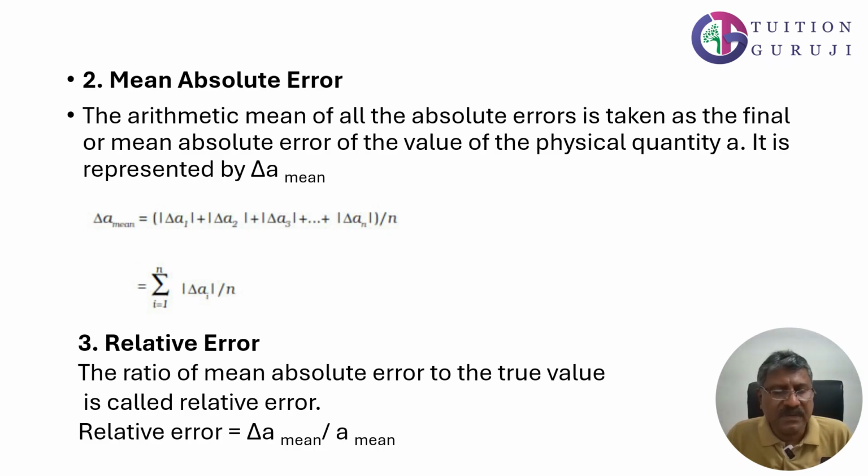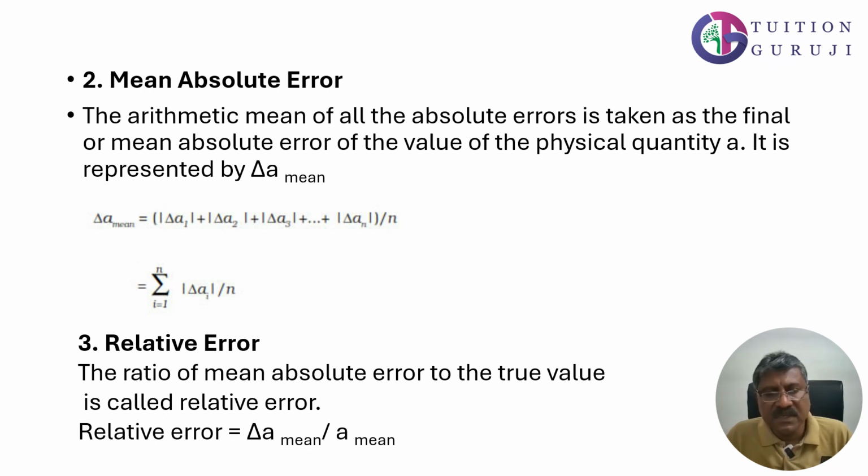Like that, if you find all the absolute errors for A1, A2, A3, it will be delta A1, delta A2, delta A3, up to delta AN. If you add all these absolute errors together and divide by N, you will get delta A mean, which is the mean absolute error.